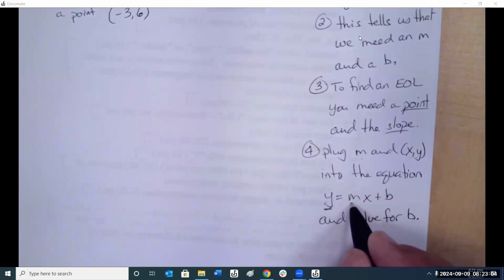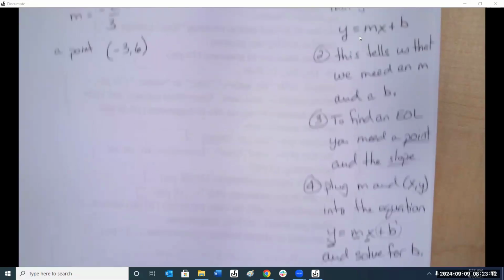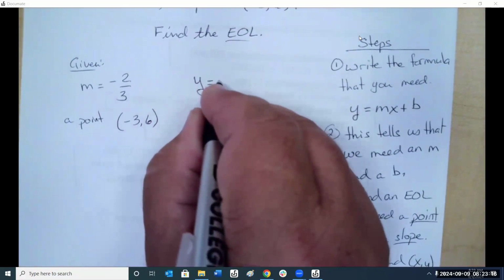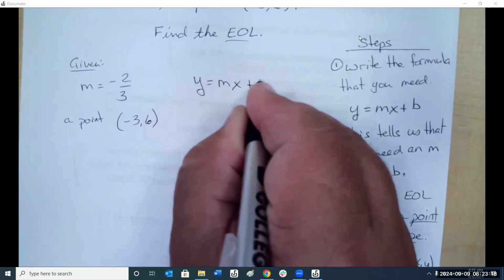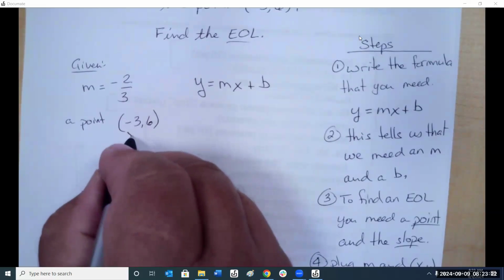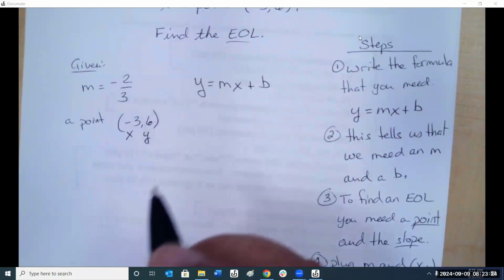So plug in your slope and your point into the equation. So we're going to plug in y. We have m and we have x. We have to find b. So here's x and here's y.